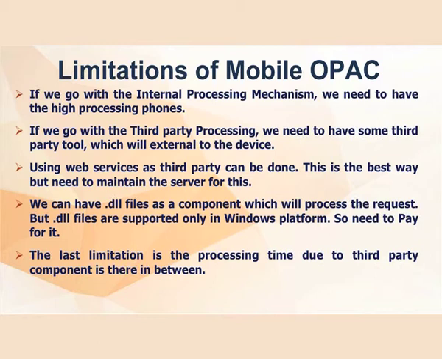We can have .dll files as a component which will process the request, but .dll files are supported only on the Windows platform. Sometimes you need to pay for it as well. The last limitation is the processing time, due to the third party component being in between your mobile OPAC, the device and the app.